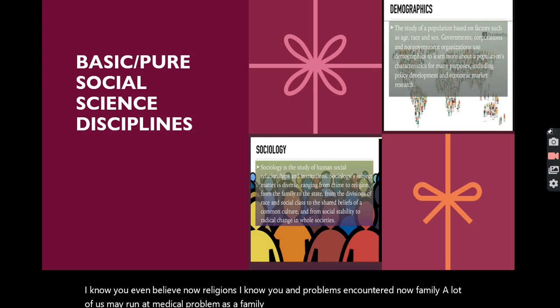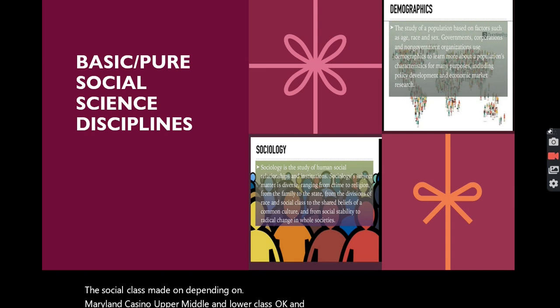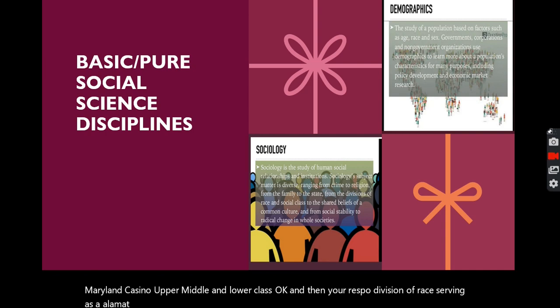Alright? And then, meron din po kasi tayong tinatawag na social class. Ano ba yung social class na sinasabi natin? The social class, depende yan. Okay? Meron kasi yung upper, middle, and lower class. Okay? And then, yung race po, division of race, sabi niya kasi, halimbawa tayo sa Pilipinas, meron tayong mga indigenous people.